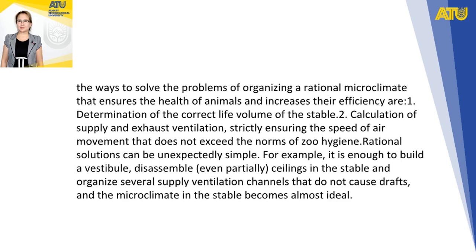Rational solutions can be unexpectedly simple. For example, it is enough to build a vestibule, disassemble, even partially, ceilings in the stable, and organize several supply ventilation channels that do not cause drafts, and the microclimate in the stable becomes almost ideal.